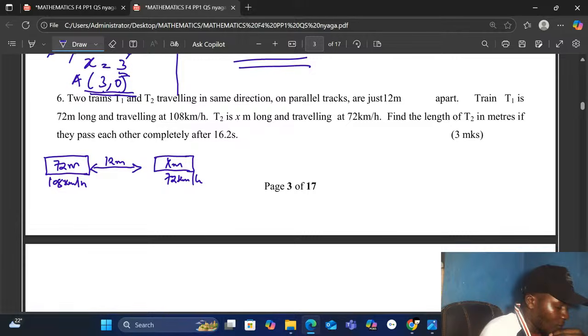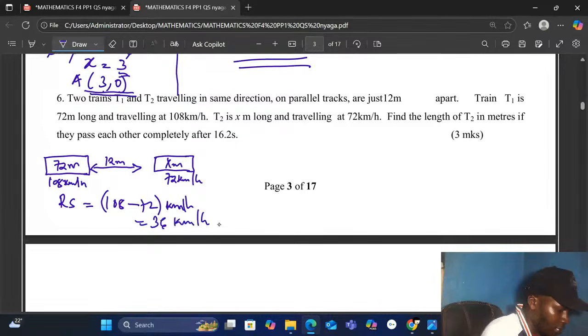So that we can now look for the relative speed of the two. So we shall have 108 minus 72 kilometers per hour. So that means that we shall have 36 kilometers per hour, that will be equal to 10 meters per second.